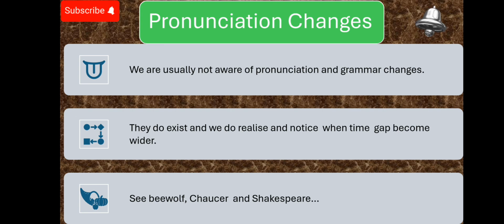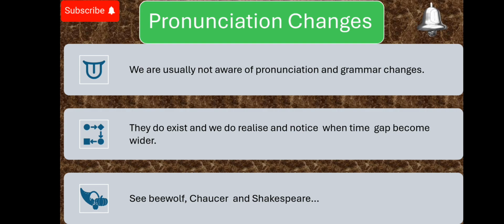So we notice there is a change in pronunciation. We realize there is a change in grammatical structure. But when the time gap becomes wider, after 200 years, after 300 years, after 400 years, then we realize, oh, the word was pronounced in that age in this manner, but now it is totally pronounced differently.